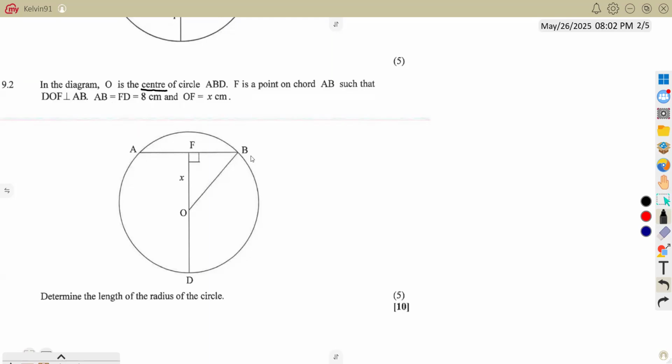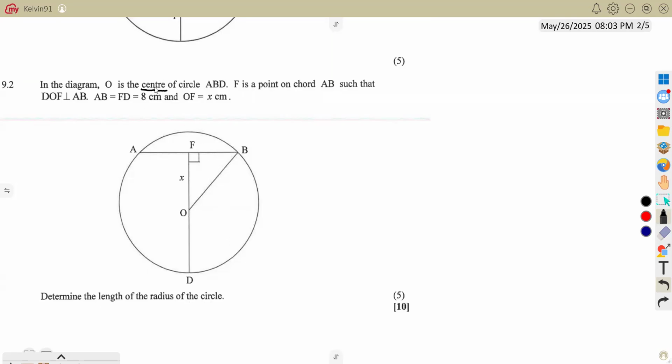You are told that AB is equal to DF, which is equal to 8 centimeters, and OF is equal to X. The question is saying determine the length of the radius of the circle.